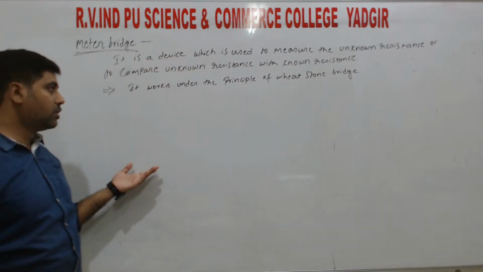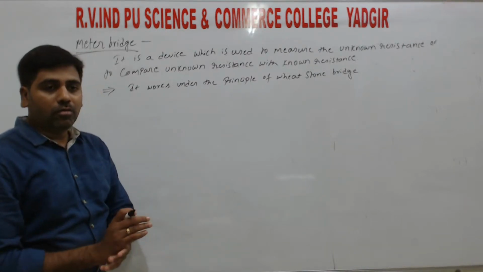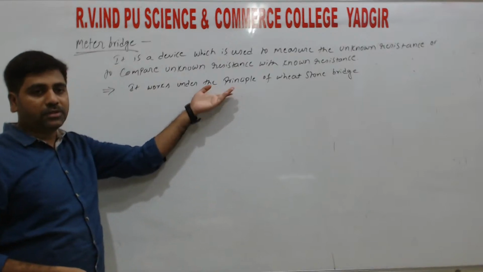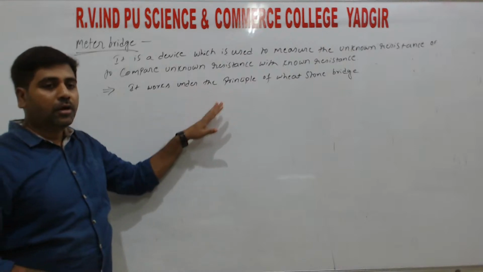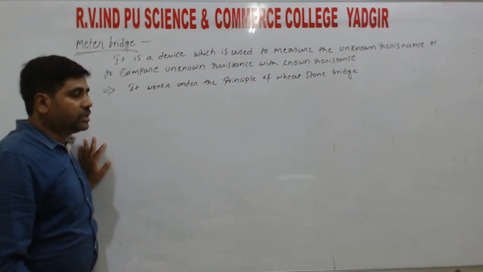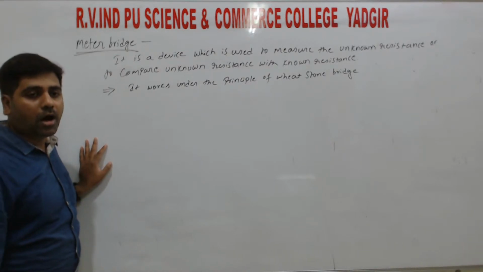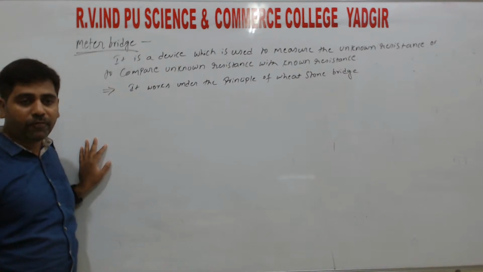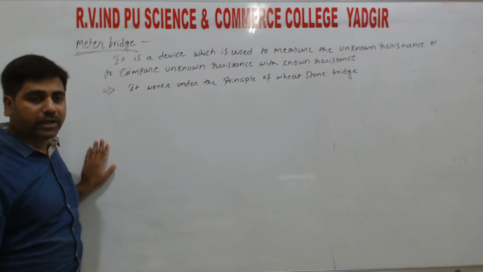Since it is also in the lab, you will understand it easily, and also there are chances it will be asked in the viva, right? So on what principle does the meter bridge work? Meter bridge works on the principle of the Wheatstone network or Wheatstone bridge, right? The Wheatstone bridge balanced condition is R1 by R2 equals R3 by R4, and it is independent of the resistance of the galvanometer, the EMF with its internal resistance, and also the voltage we are applying to the bridge, right?